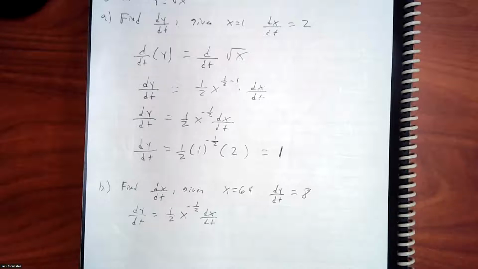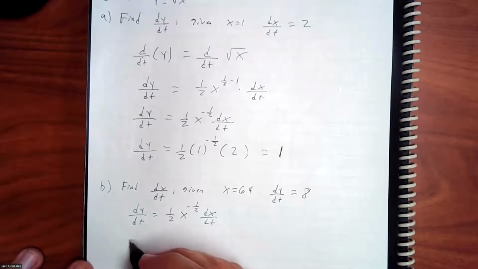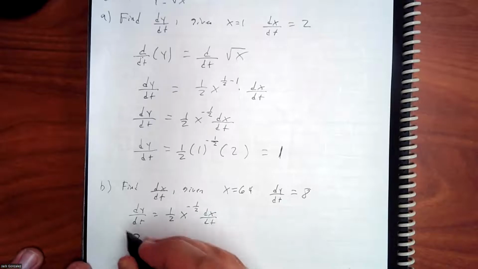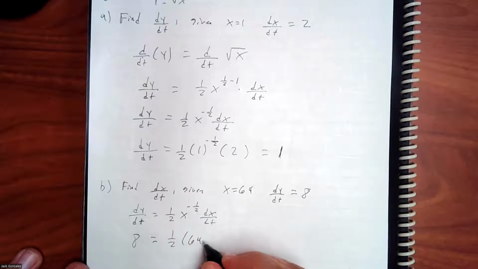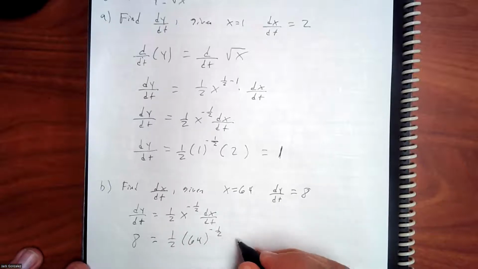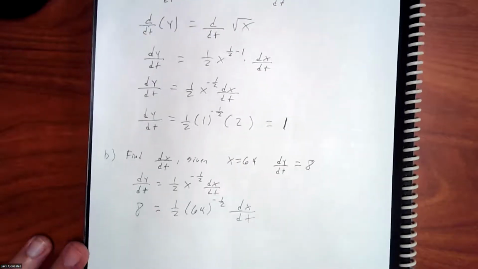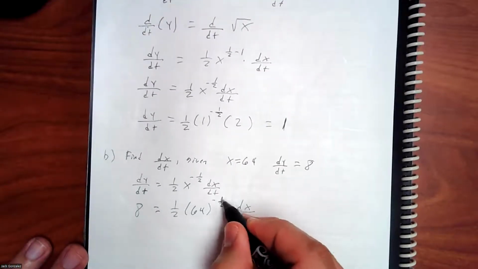Just plug in everything we need and we'll be good. dy/dt is equal to 8. x is equal to 64. We need to find dx/dt. That's a half power, by the way.